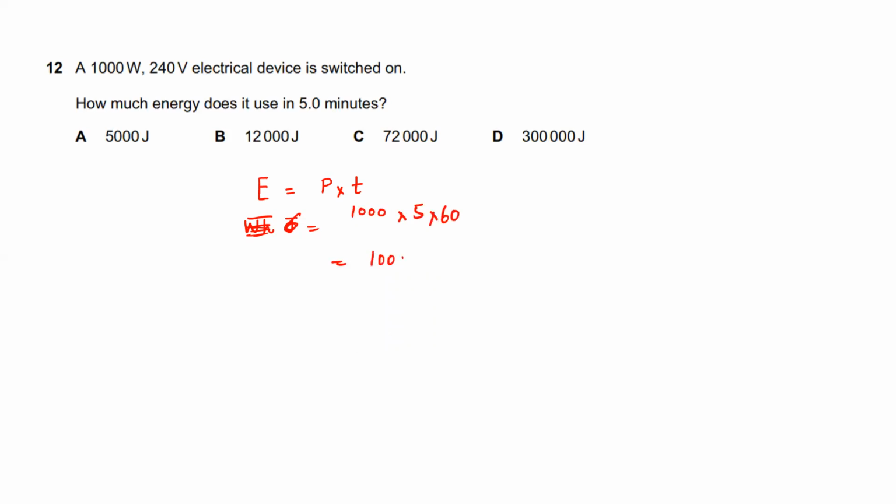So 1000 into 5 into 60 is 300,000 joules. Among A, B, C, D, answer D is the right choice we have.